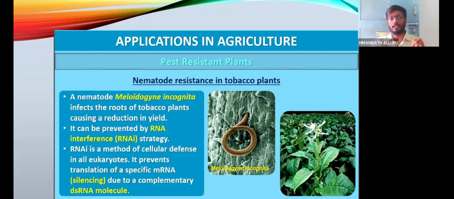It is called RNA interference or RNAi technology, where the RNA is made into double stranded RNA. As a result, translation does not occur and the plant is no longer required by the nematode, and the nematode will leave that place since it becomes hostile.